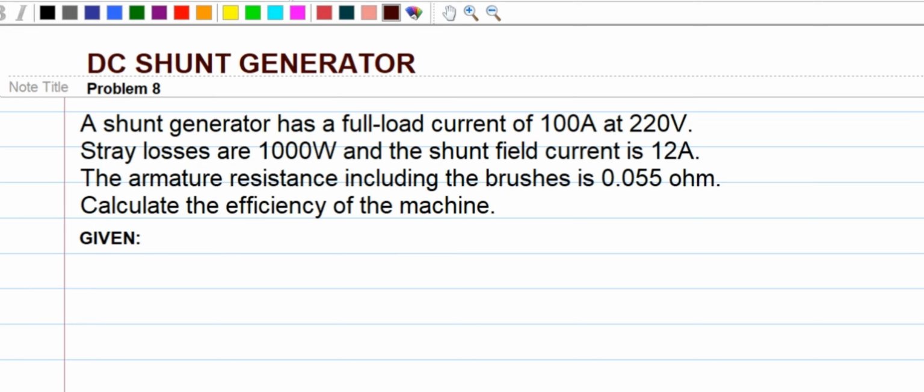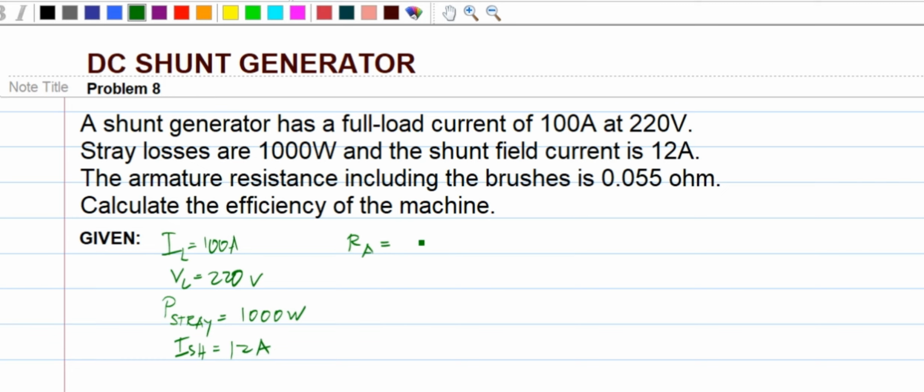First, let us write the given. We have full load current IL of 100 amperes, VL of 220, stray losses or P stray which is 1000 watts, shunt field current ISH is equal to 12 amperes, and armature resistance including the brushes RA is equal to 0.055 ohms.